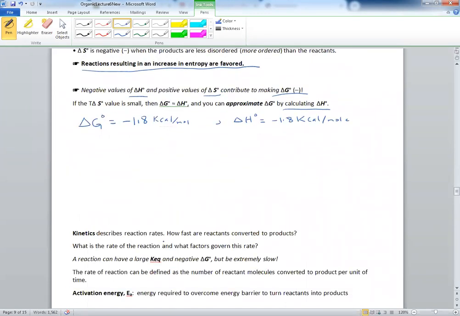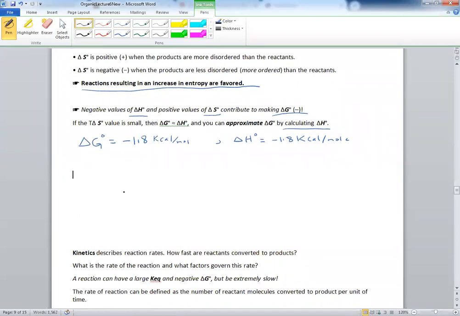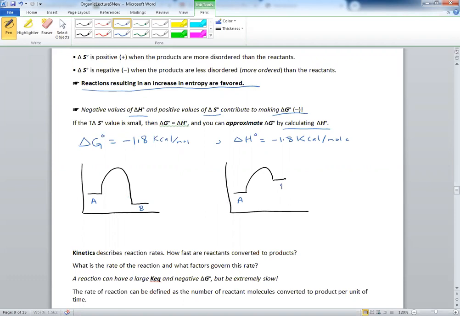Now, I want to just do two things before we move on to kinetics, on those energy diagrams that we will examine after we talk about kinetics. You might have seen them before. Right here, if we have A, this is our reactant, and this is B, our product.